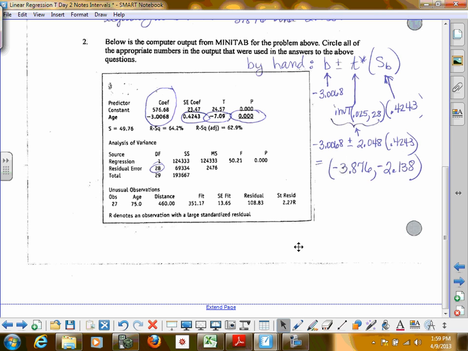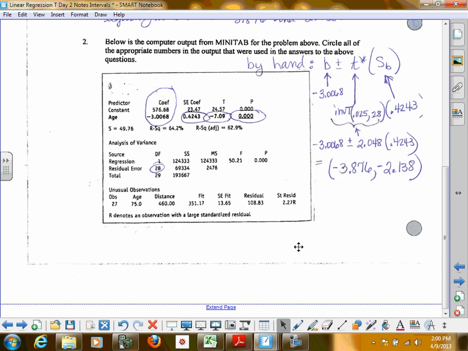You have to do this by hand. Not too bad, because all of the numbers are here. You just have to know what you're looking for.